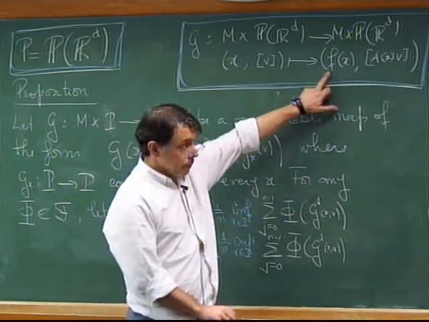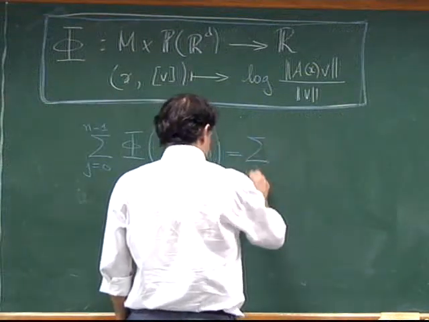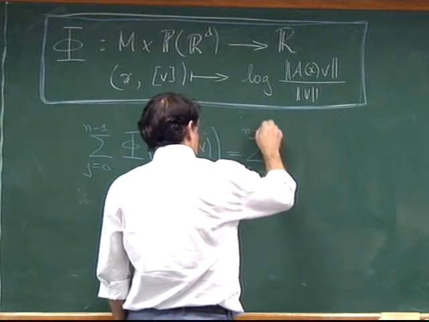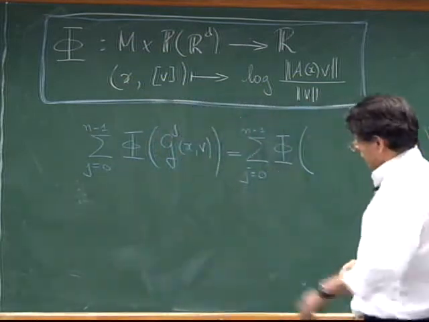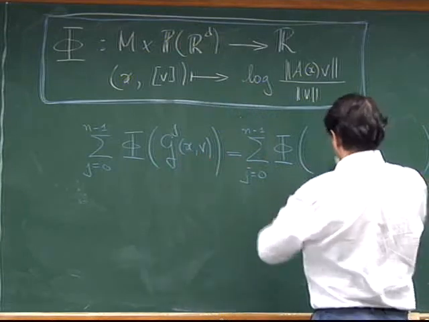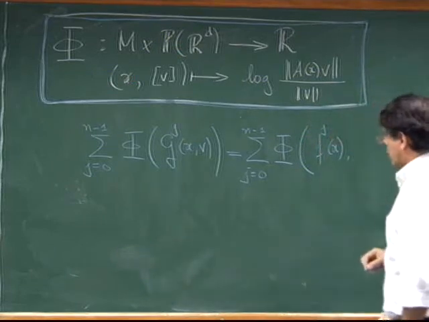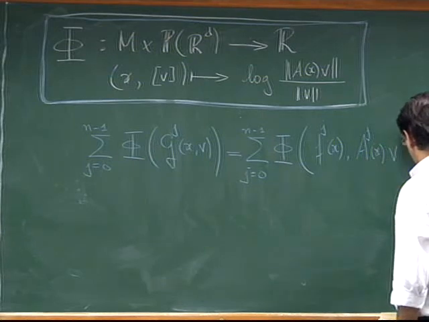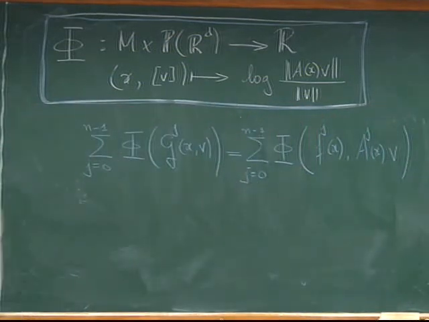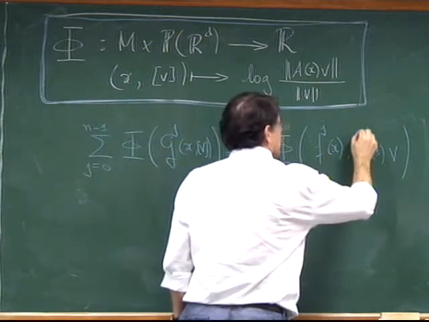Well, g is here. So this is the sum, j from 0 to n minus 1, of phi calculated at g^j(x, v), which is f^j(x), and then A^j_x(v). Just iterating. Maybe I should continue to use my notation. v here is a projective class, a real line.